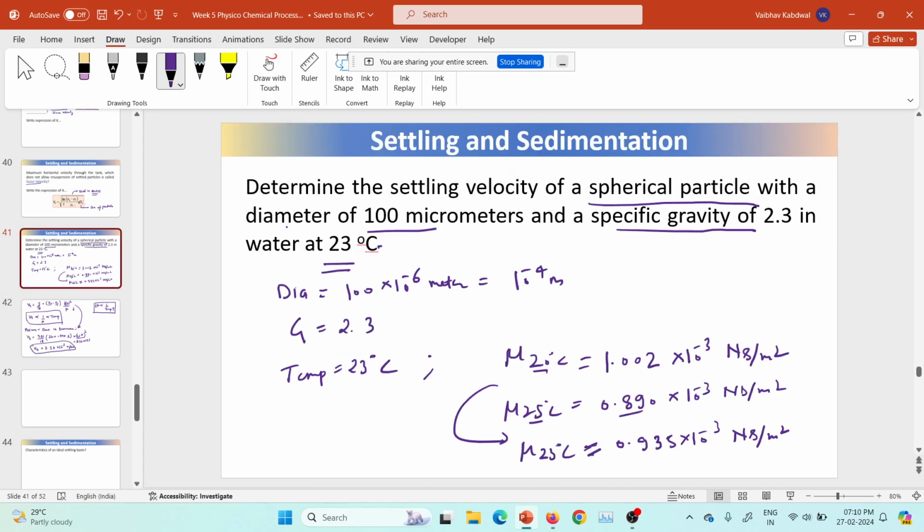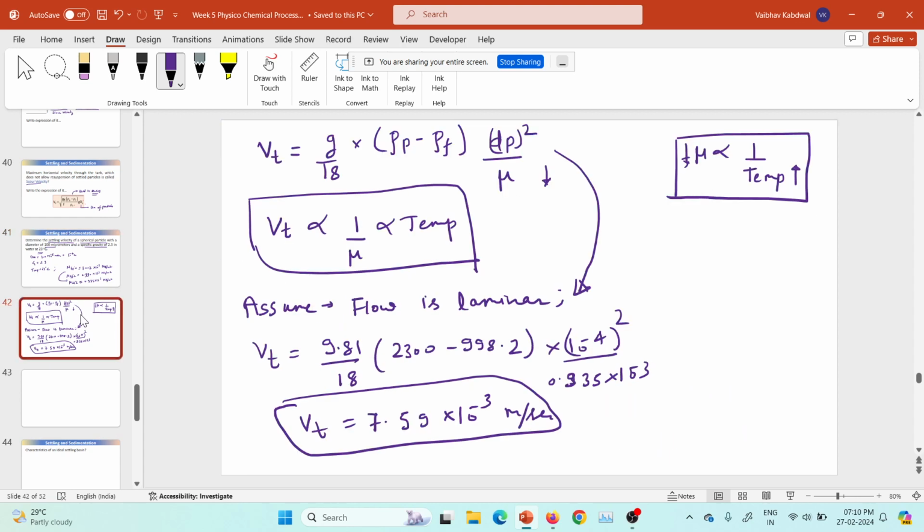So what was the question? Determine the settling velocity of the spherical particle with diameter 100 micrometer and specific gravity of 2.3 in water at 23 degrees Celsius. So we have calculated the terminal settling velocity, but we assumed that flow is laminar.